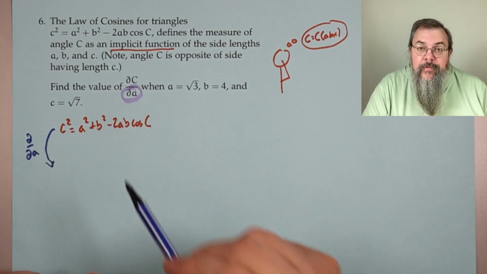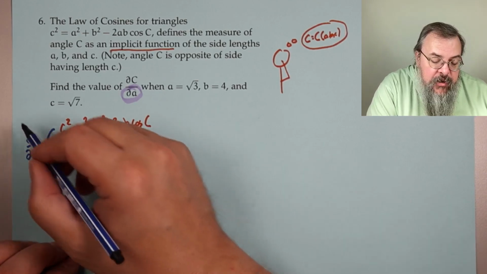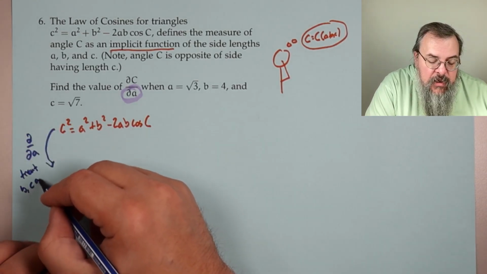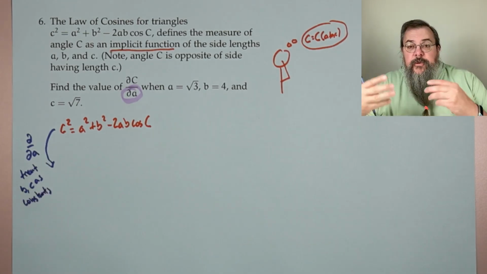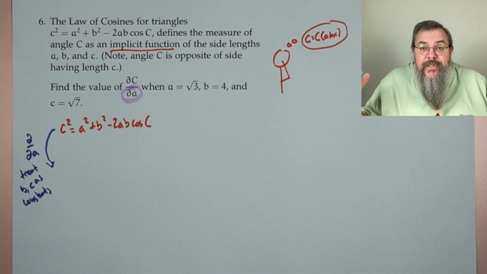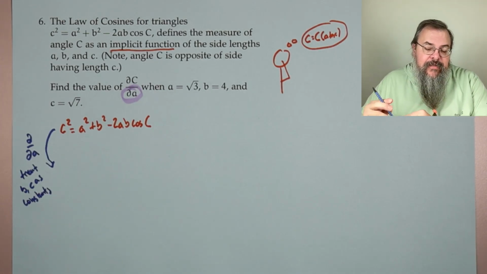What about b and c? The key thing here is we're going to treat b and c as constants. Because we have the three inputs a, b, and c, and we're asking what happens as we change a, we're only changing a, so treat b and c like constants.